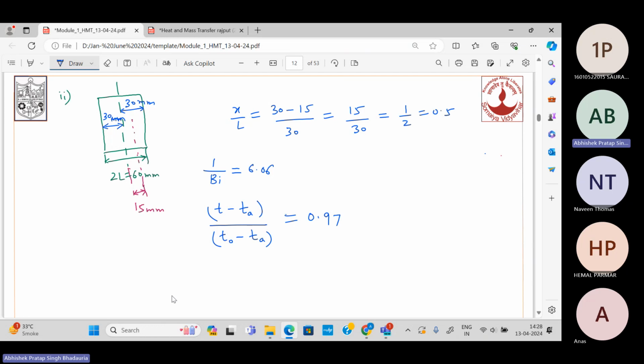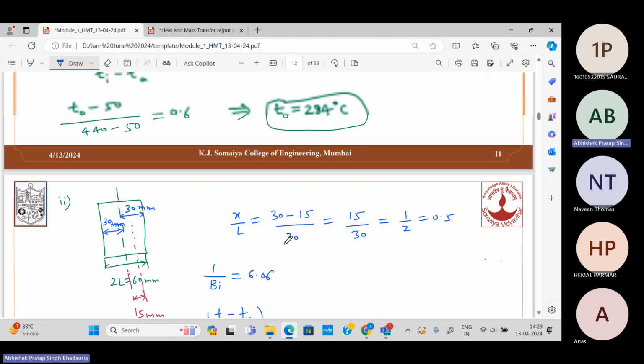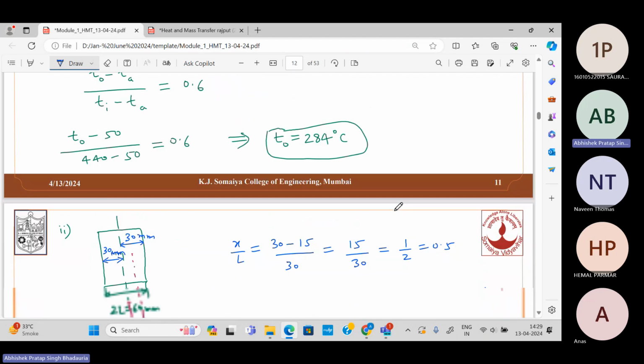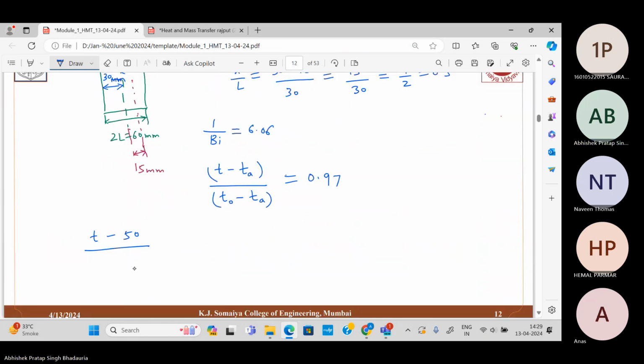Here t is what we need to find, minus ta. Ta is 50, divided by t naught minus ta. The t naught value we have already calculated: t naught is 284. So (t minus 50) divided by (284 minus 50) is equal to 0.97.